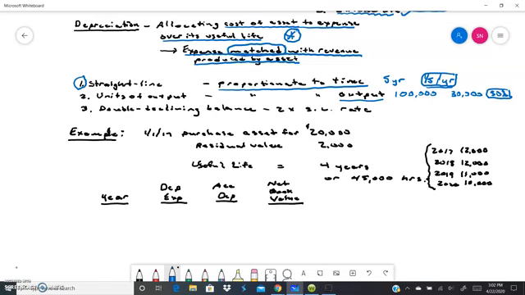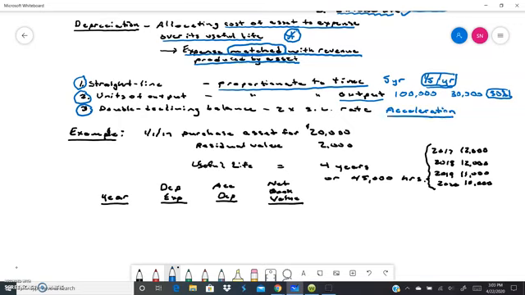The other final method is what's called double declining balance. Double declining balance is an accelerated depreciation method. Accelerated meaning that we can accelerate the depreciation expense and push it more towards the initial years in which we own the asset.